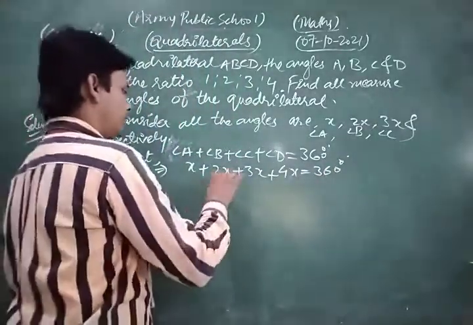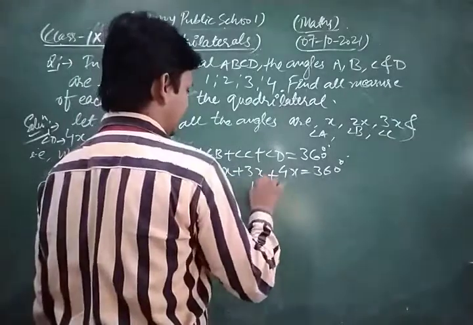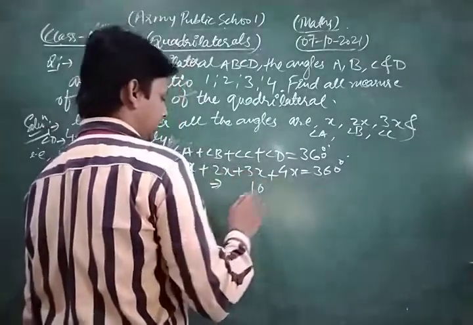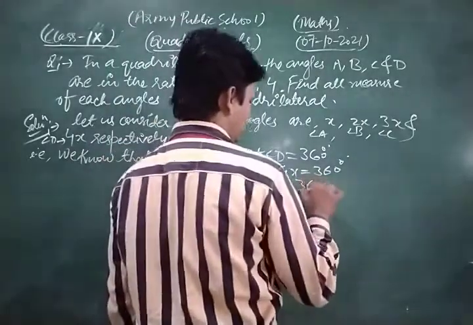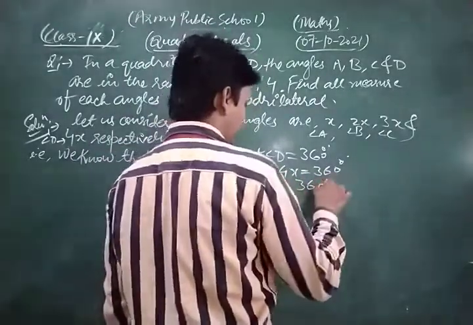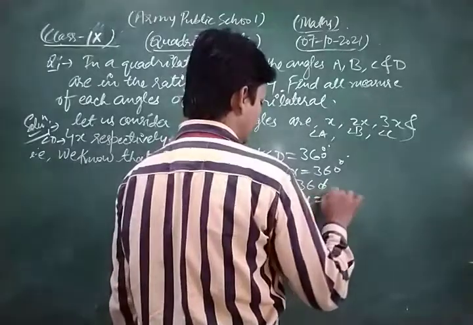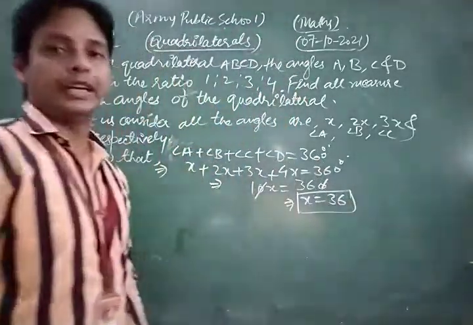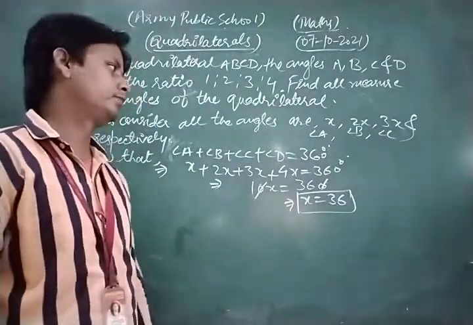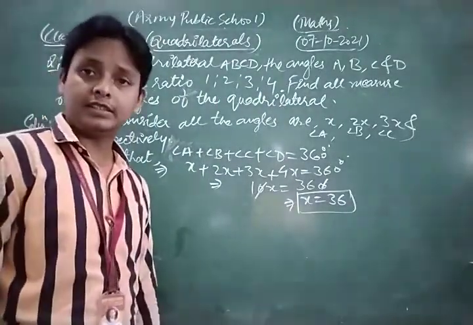Now we have 10x, as 4 plus 3 is 7, plus 3 is 10. 10x is equal to 360, the zeros cancel each other, so the value of x is what? 36. So in this way, first of all we find the value of x.